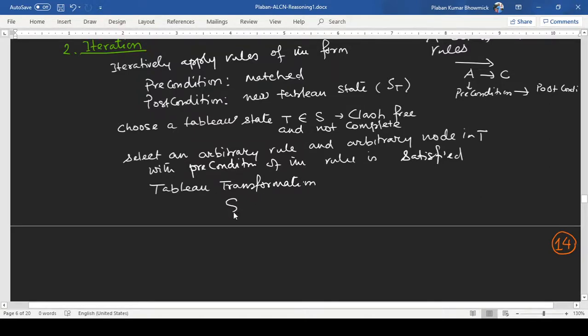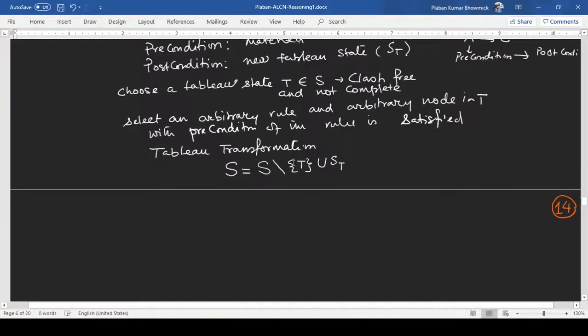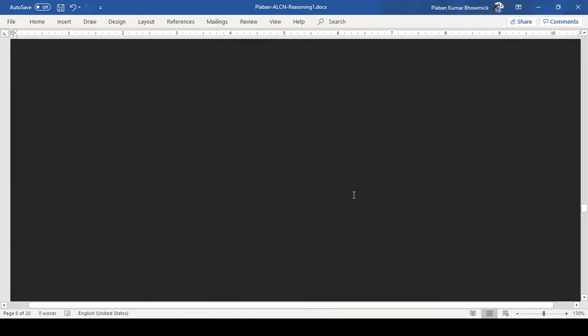So your set of states will be changed. Before applying the rule, the state T is picked from the set of states, so it will be removed, and you will be adding the resulting tableau state, right? And you will be doing it iteratively, right, until you reach the termination condition, right?